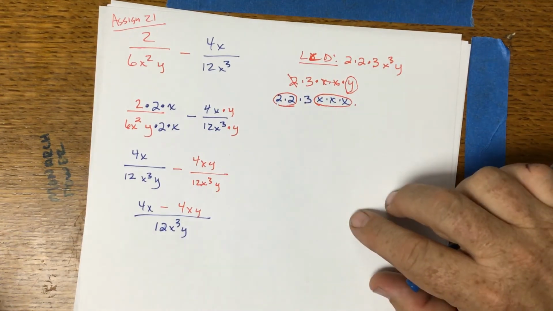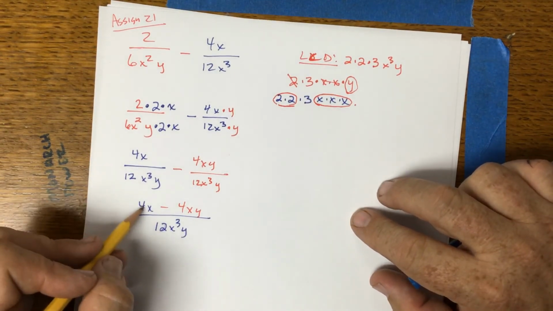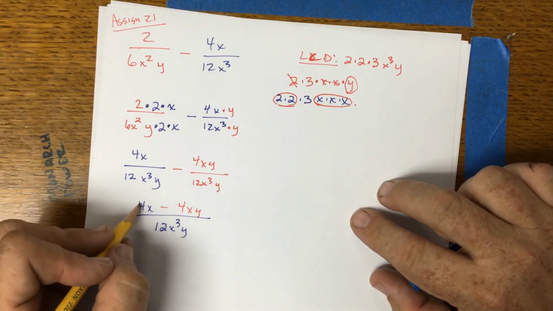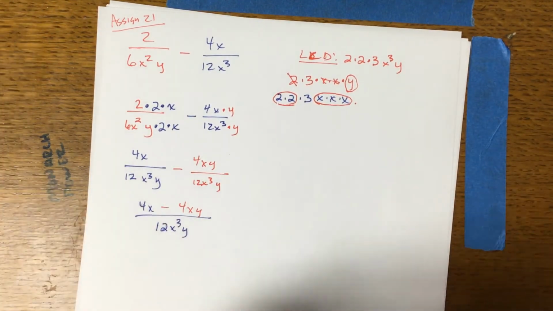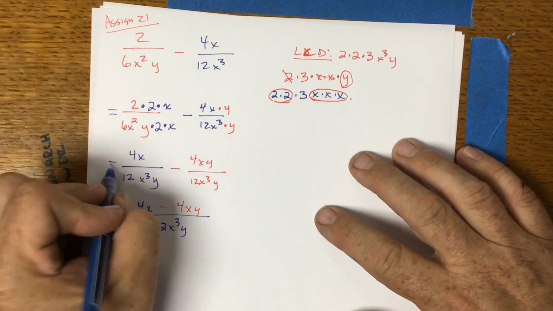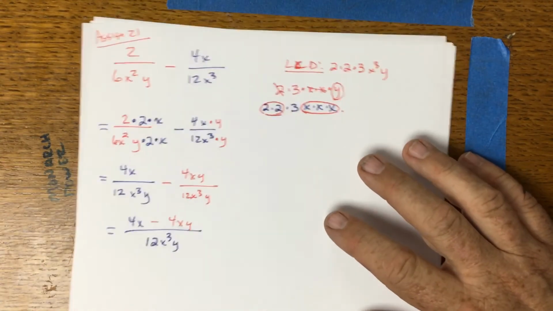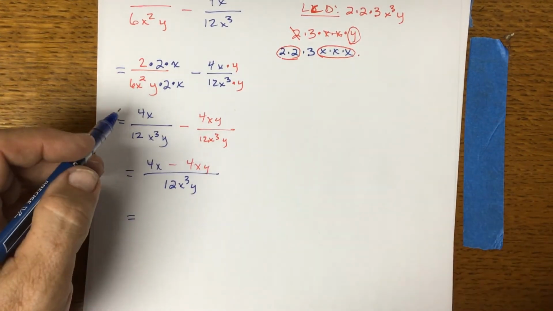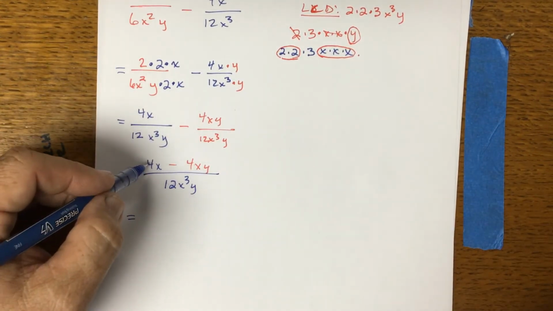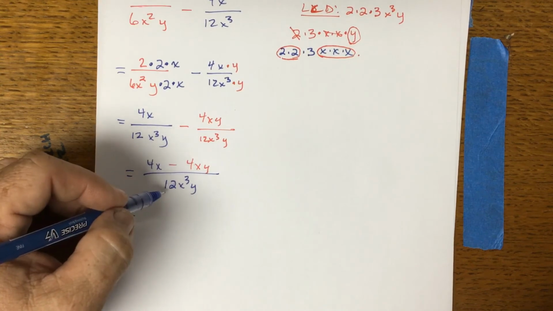Okay, now, some of the answers get simplified, which are good. So what we've got to look at here is, is there something I can take out of all three of these? If there is, I need to put equivalent signs. So those are equivalent. These are all equivalent, remember? So I'm going to look at this and go, okay, here we go. I think I can take a 4 out of this, a 4 out of this, and a 4 out of that.